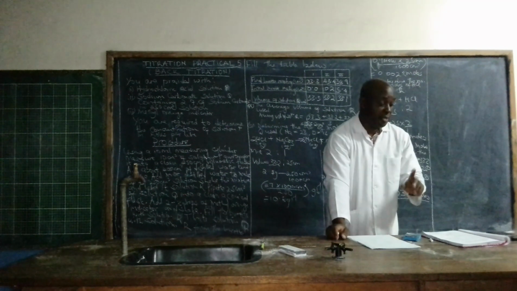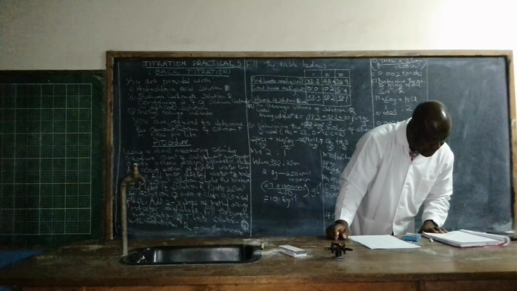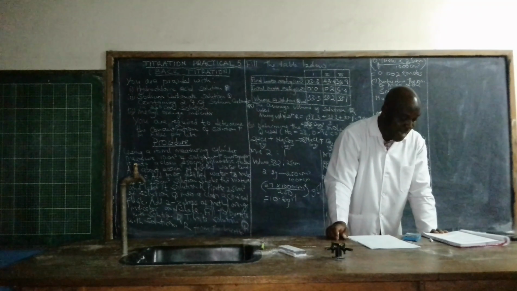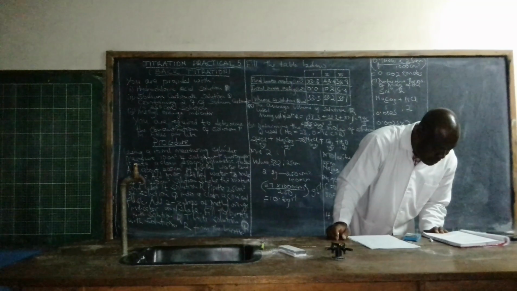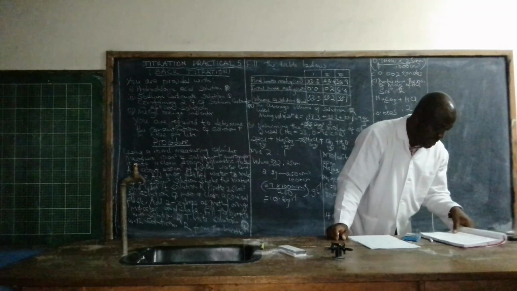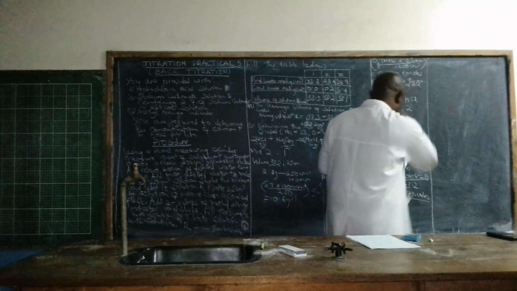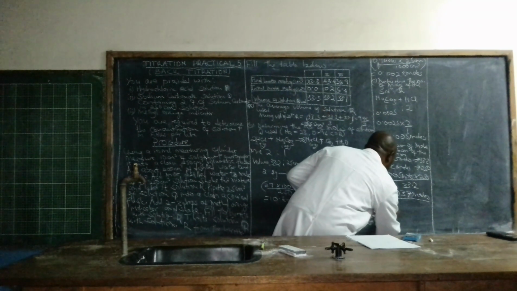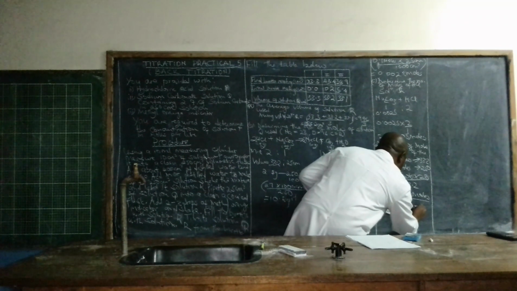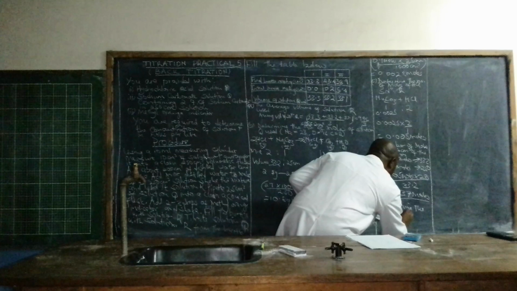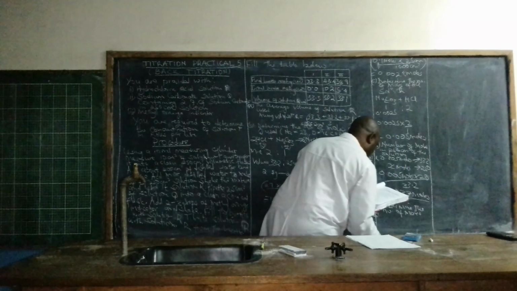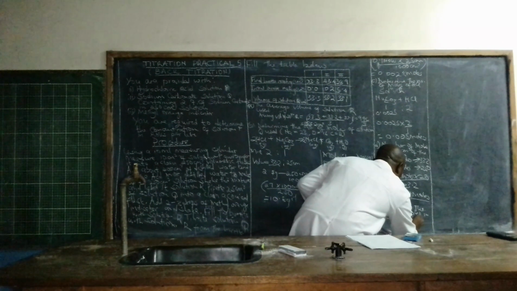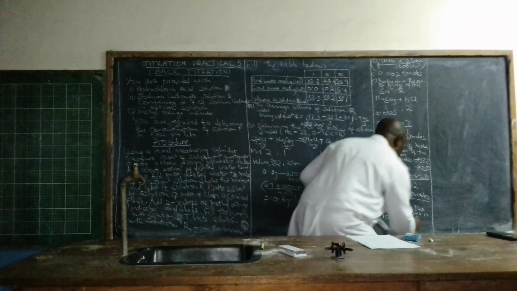So, I'm just finishing. We have been asked to calculate the number of moles in 10 cubic centimeters originally in the hydrochloric acid in solution P. That is E: determine the number of moles in 10 cubic centimeters of HCl. 10 cubic centimeters original.